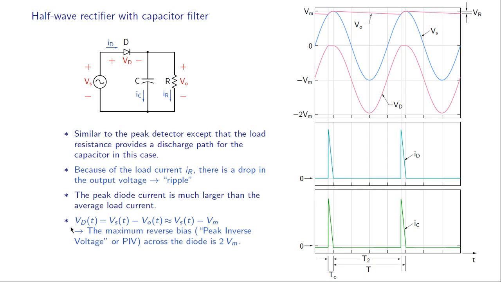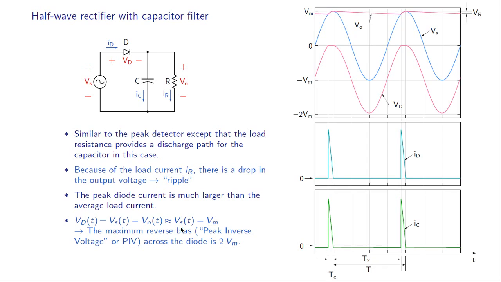We are interested in finding the maximum magnitude of Vd of t. Now we know that Vs of t varies between minus Vm and plus Vm. When Vs is plus Vm, Vd is 0, Vm minus Vm, and when Vs is minus Vm, Vd is equal to minus Vm minus Vm, that is minus 2 Vm.